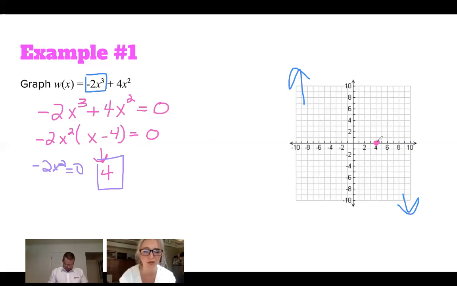But because there's an x involved, we need to set it equal to 0 and figure out what's going on here. So if I divide by -2, I get x squared is equal to 0. Not a lot happened. Can I divide 0 by a negative? Yeah, it's fine. 0 can be on the top, not the bottom.